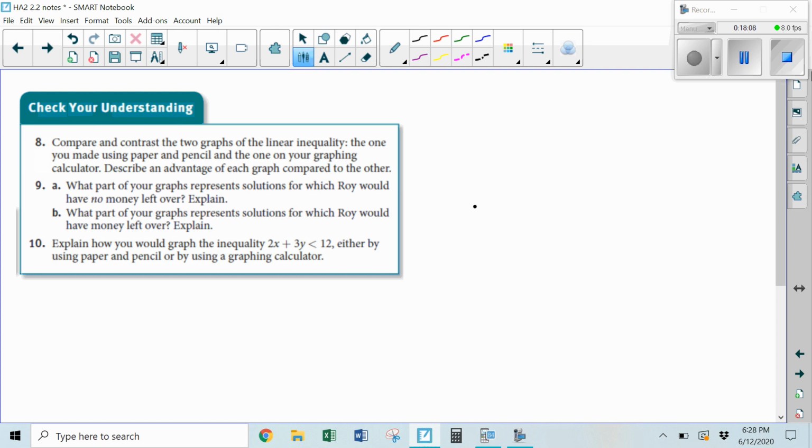Number 10, explain how you would graph the inequality, either by paper and pencil, or by using a calculator. I would like to talk about it both ways. So for pencil, if I were going to make this graph on paper, I would use what we call intercepts. I don't need to get Y by itself. What I need to do is find the 2 intercepts. So if X is 0, 2 times 0 is 0, and 3Y is less than 12.